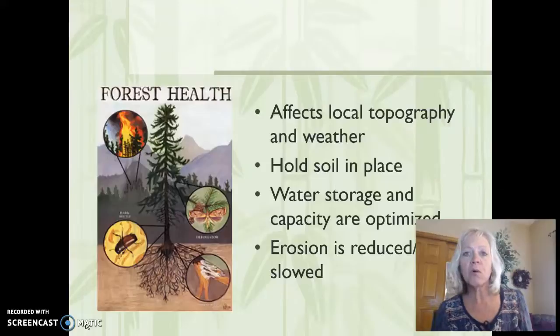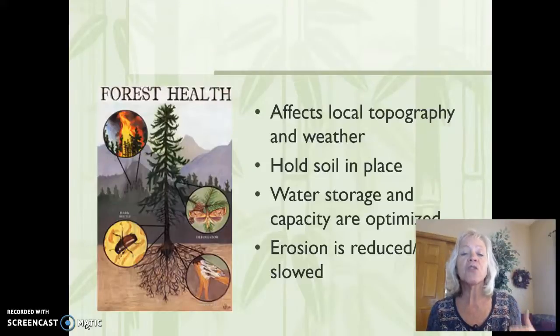In fact, we did this cool research study up at Cameron Pass where we were looking at how thinning compares with forests that weren't thinned, and how the forests that weren't thinned intercept the water that falls as snow or rain and affect the watershed. And of course, trees also affect erosion by reducing it and slowing down the wind.